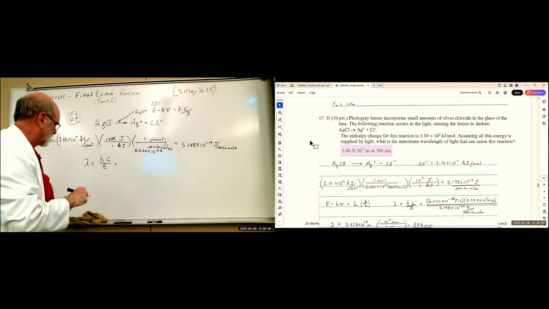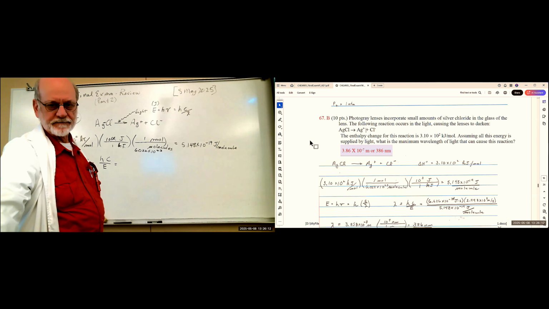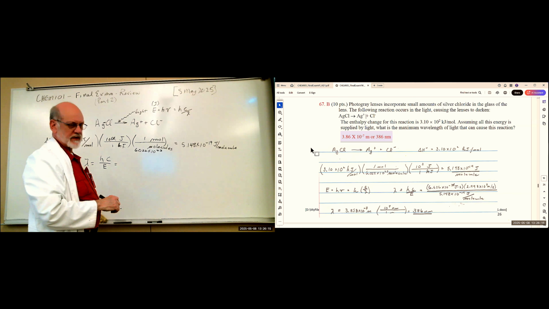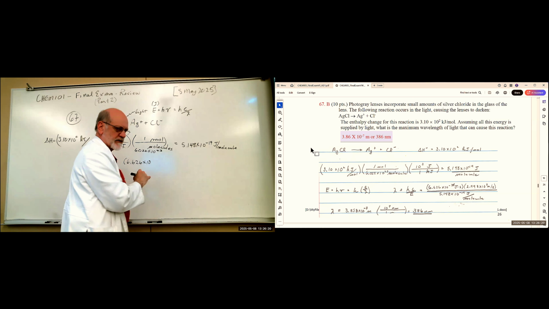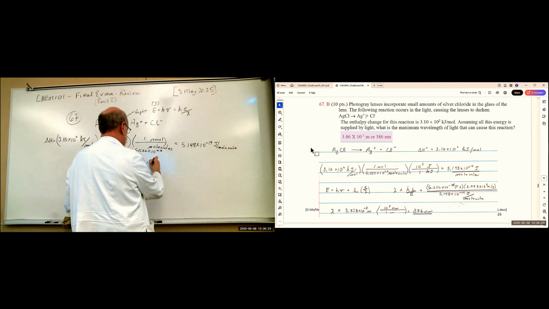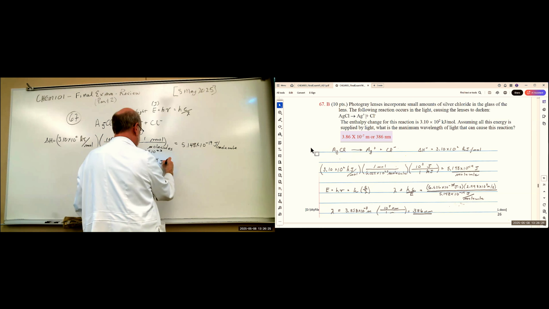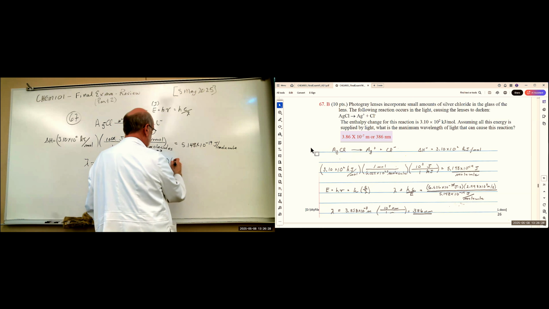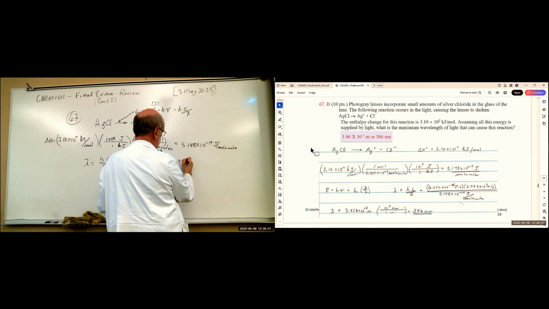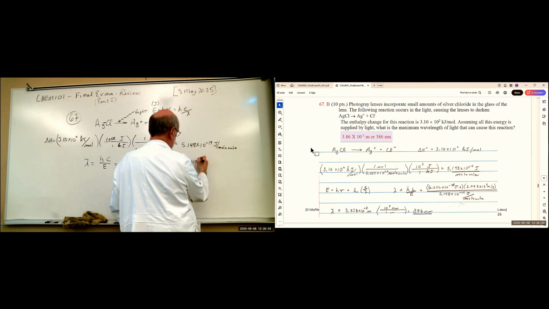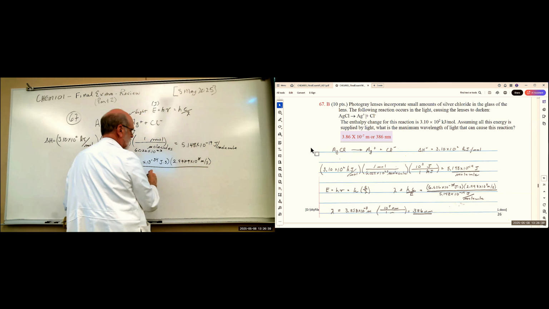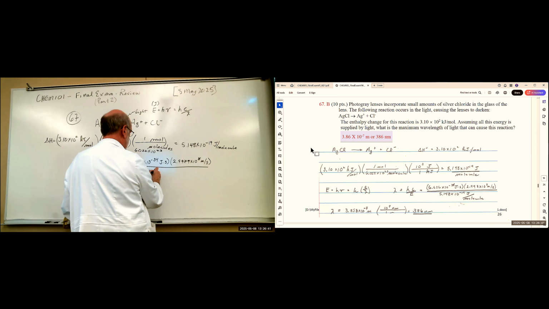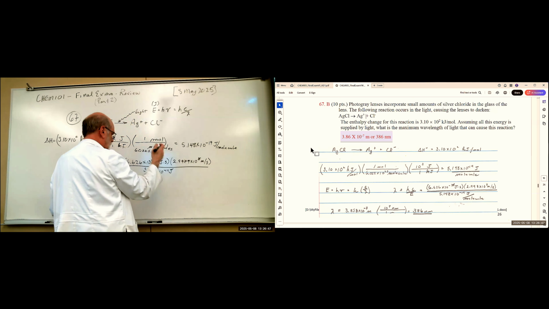So what's Planck's constant? 6.626 times 10 to the minus 34 joule seconds. Speed of light, 2.9979 times 10 to the 8 meters per second. And then energy is 5.148 times 10 to the minus 19th joules per molecule.